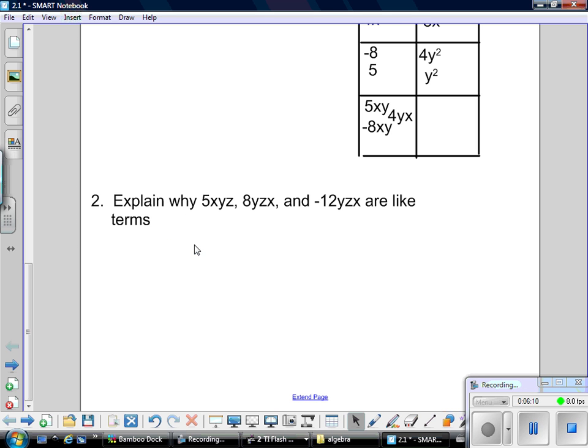And the reason they're like terms is because, when multiplying, the order of the variables does not matter. Now, the reason it doesn't matter is because, remember, those variables are like numbers.